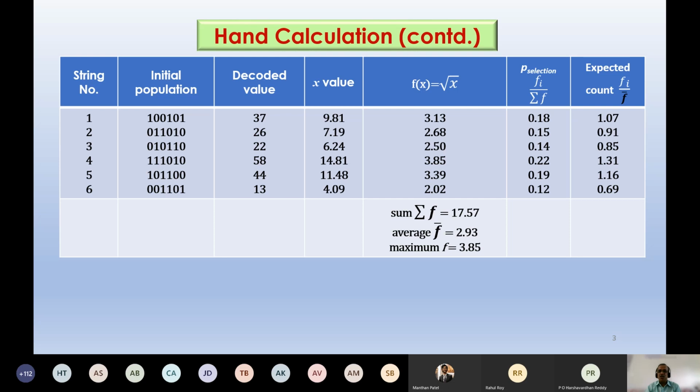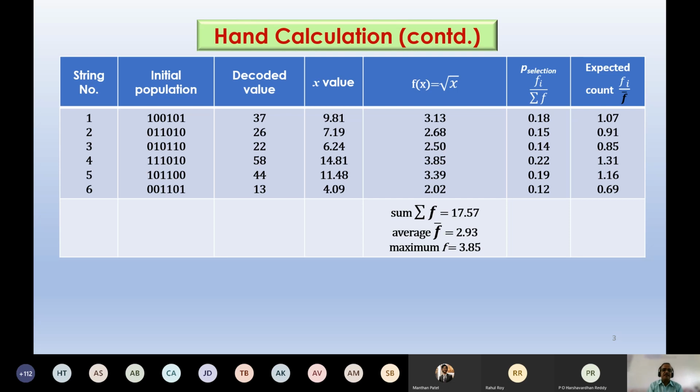It may not be true, but it is a probabilistic estimate. Now this is found to be 1.07. The first string, its expected count in the mating pool is 1.07. Might be the first string will be copied only once.